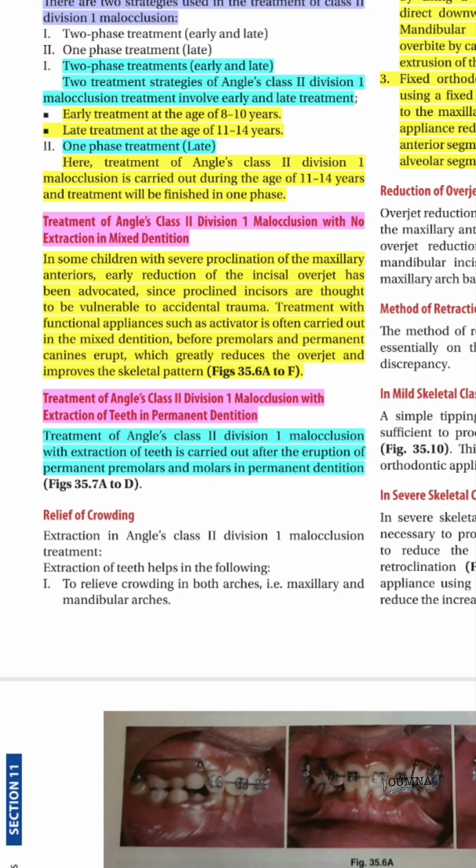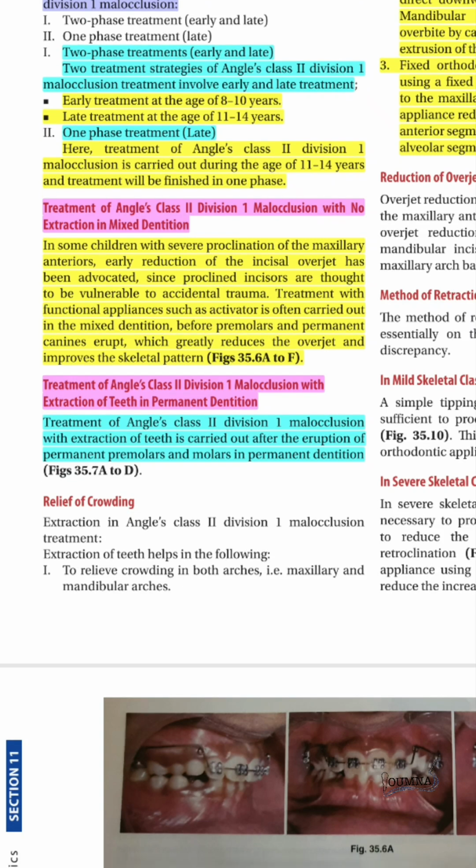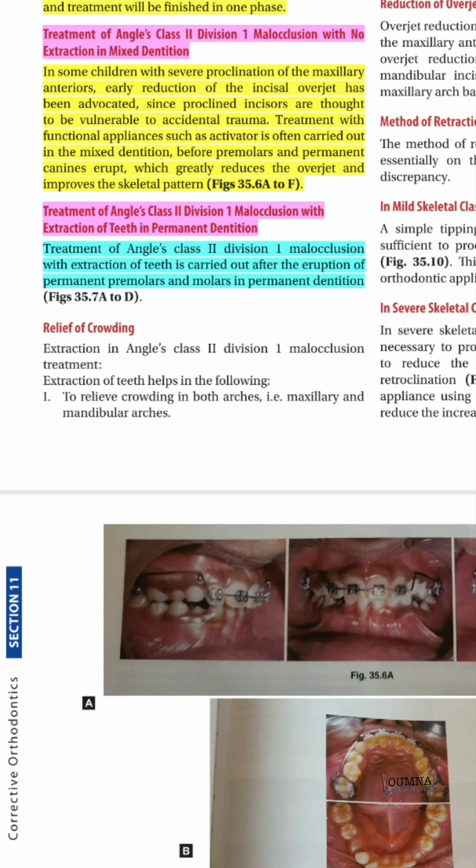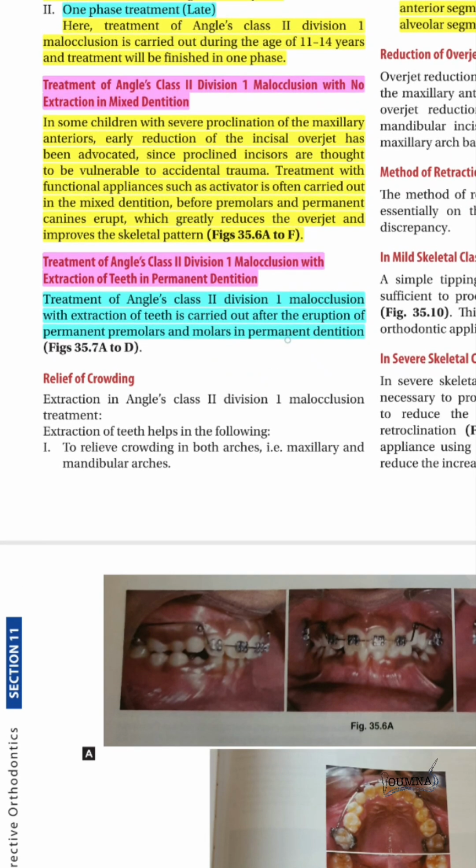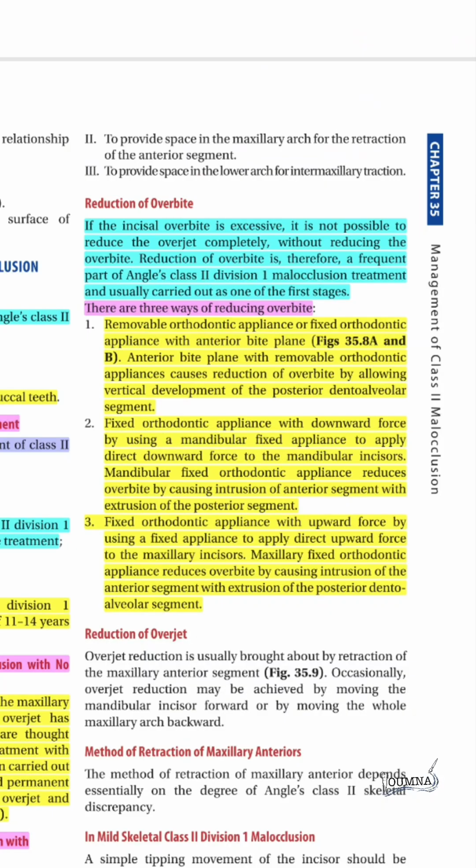This will reduce the overjet and improve the skeletal pattern. But if we need to extract the tooth, it is usually done after the permanent premolars and molars erupt.